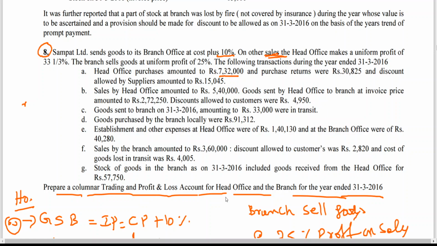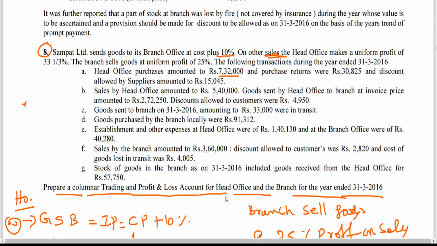Previously we were only focusing on the result of a branch in the books of head office. But here they want to know the results of themselves also along with the result of branch.